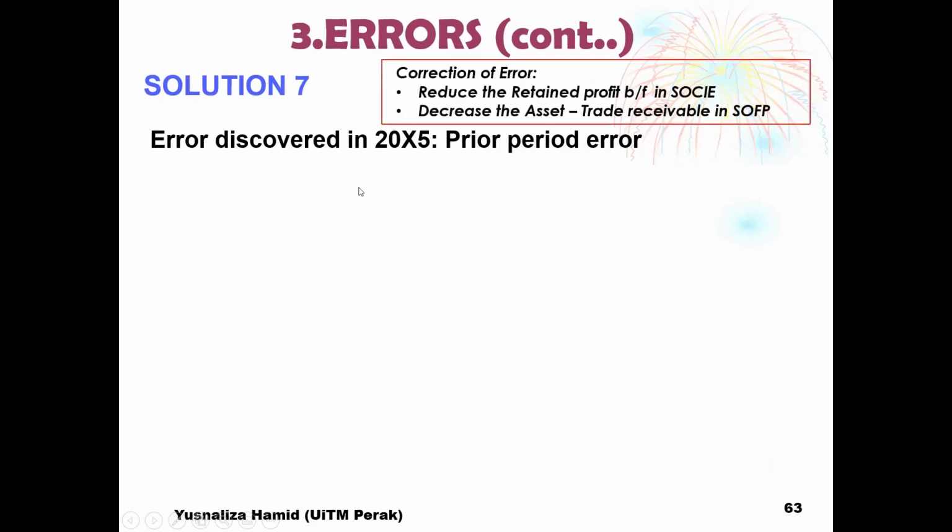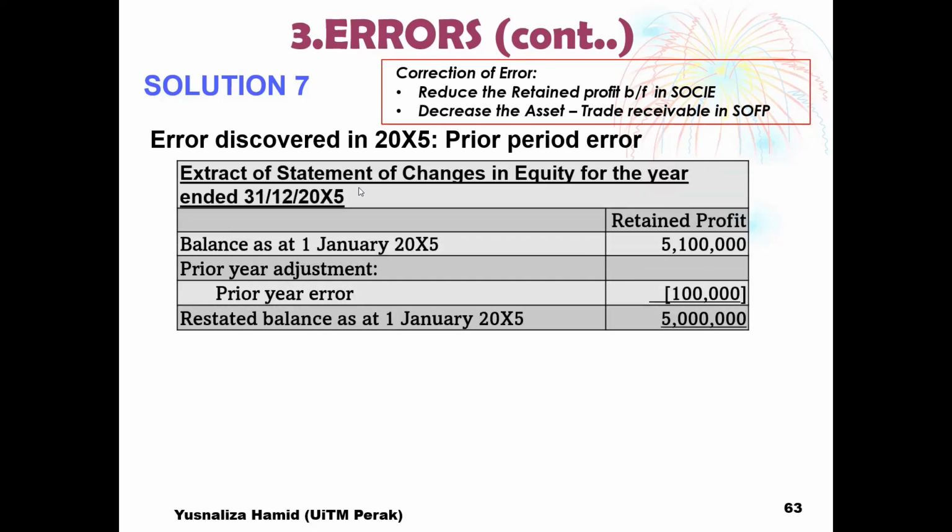This is the impact in the statement of changes in equity for the prior year adjustment, assuming it was discovered in 20x5 for the error that was committed in 20x4.